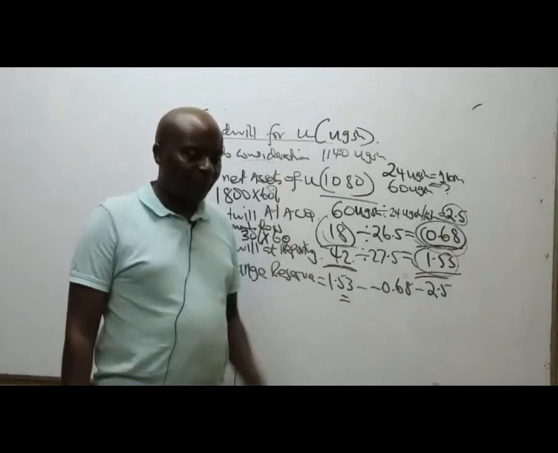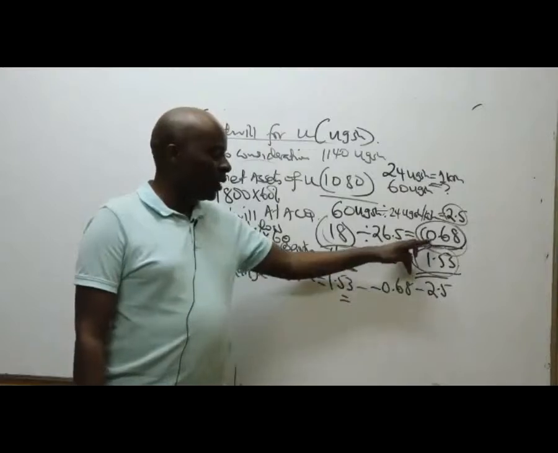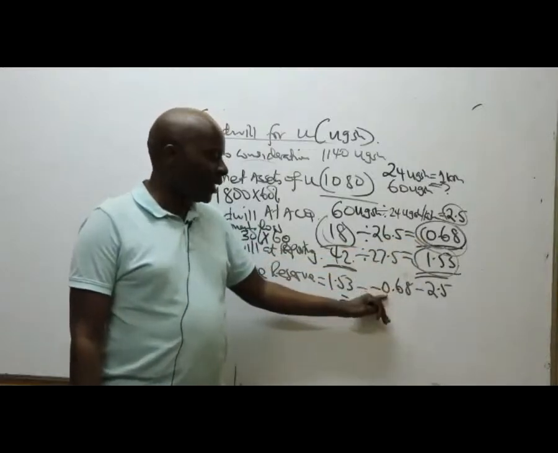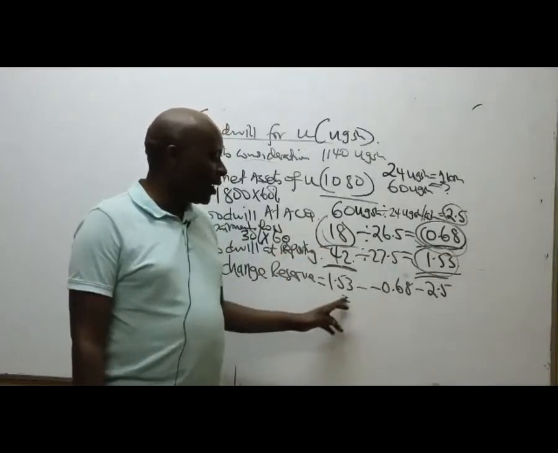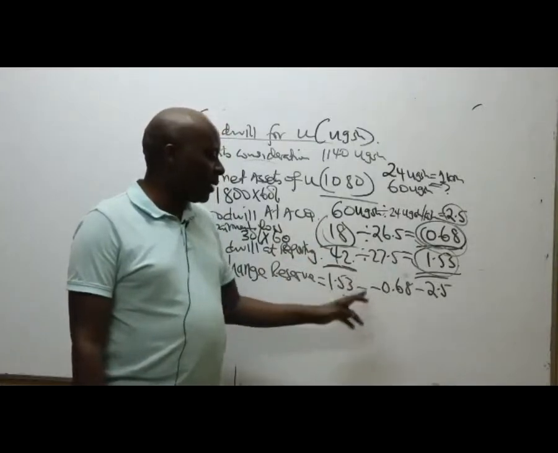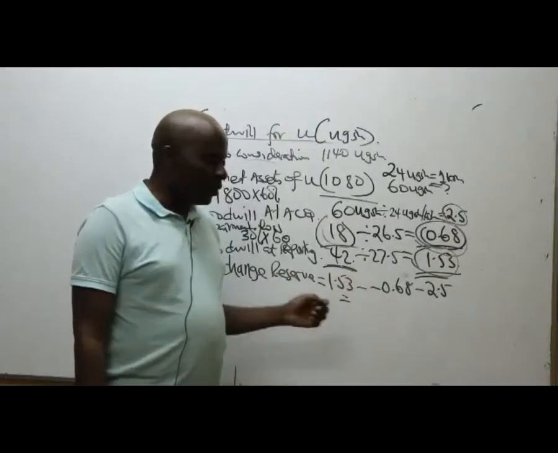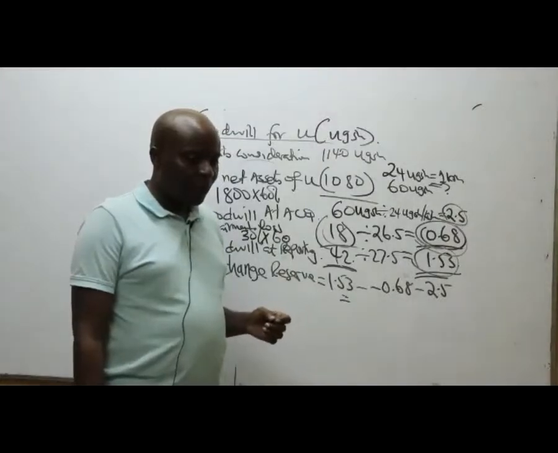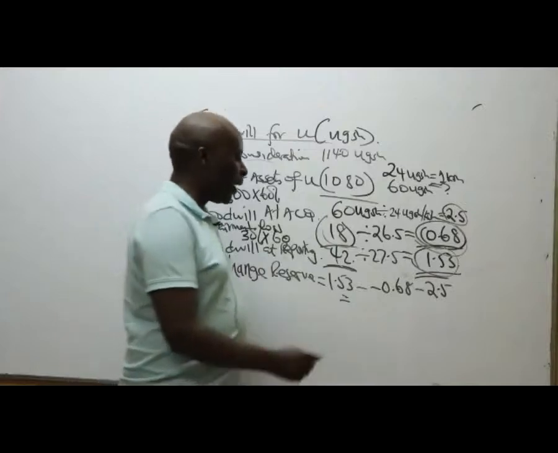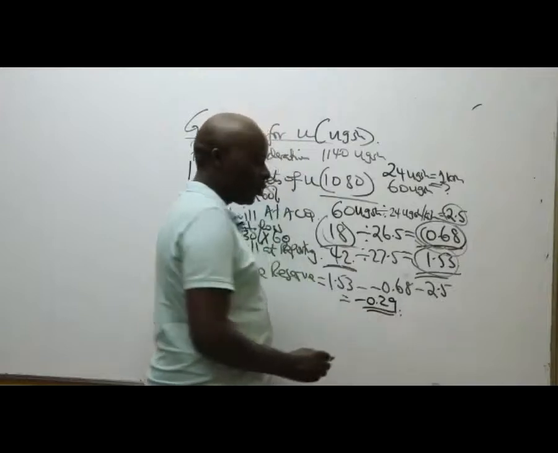So 1.53 minus this one is negative itself, right? Please use your negatives. Use your calculator very well. 1.53 minus 0.68, whatever we get, we say minus 2.5. I'm being given a figure of negative 0.29.